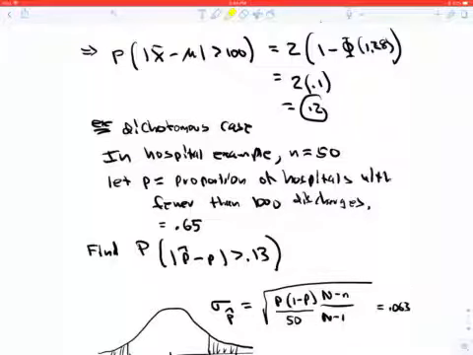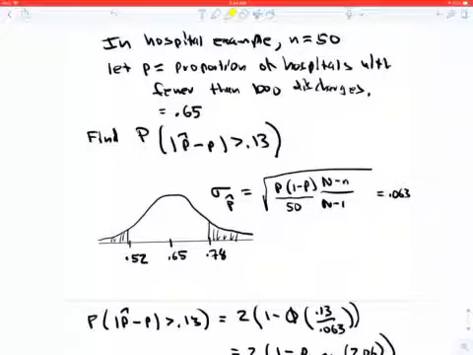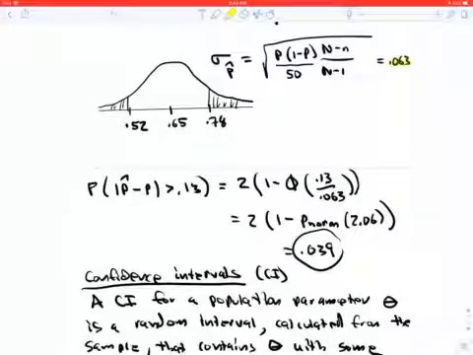And so I asked you then to find the probability that your sampling distribution is more than 0.13 away from 0.65. So in other words, this shaded region in the tails here, we find the standard error in the same way, and we compute this probability in exactly the same way as before.